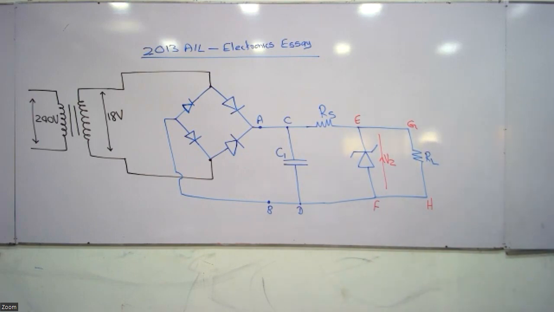The next question. What is the next question? Part B: draw the voltage waveforms across a resistor connected across the output at the following stages.